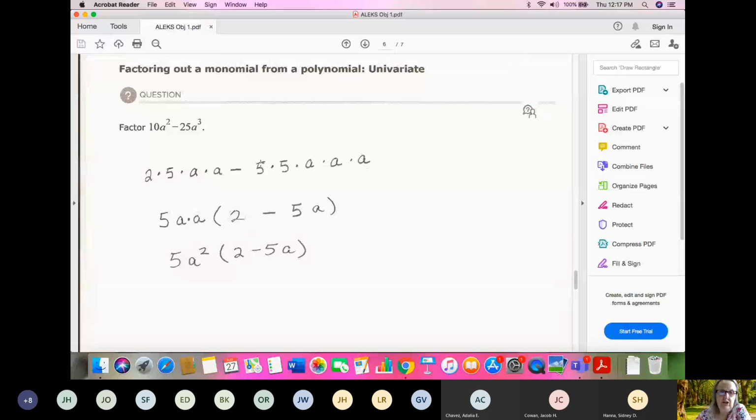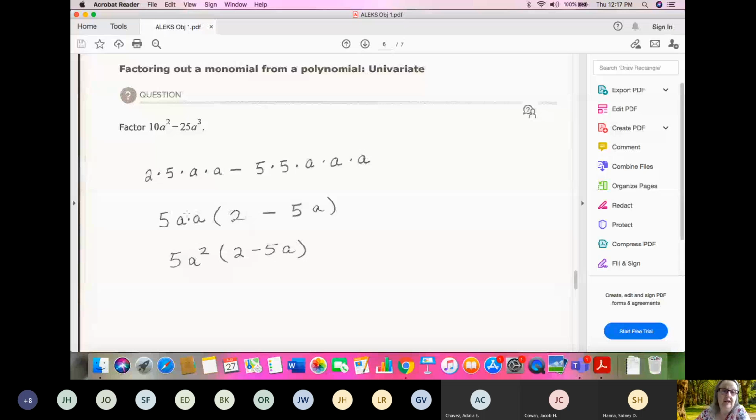So let's look at each of these terms here and see what we can factor out. What do they have in common? There's a 2 here, but not over in this term, so we can't factor the 2 out. There's a single 5 here, and there's a single 5 here. We can factor a single 5 all the way out front.